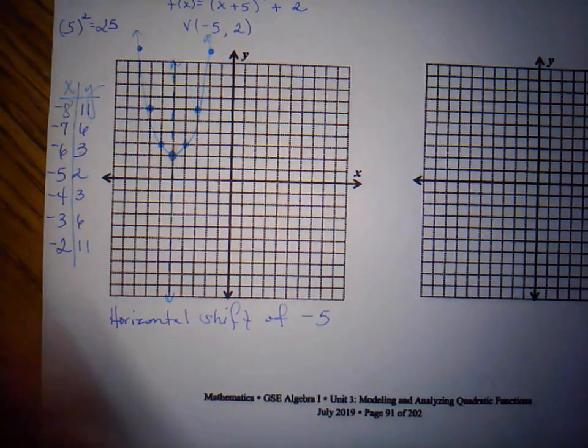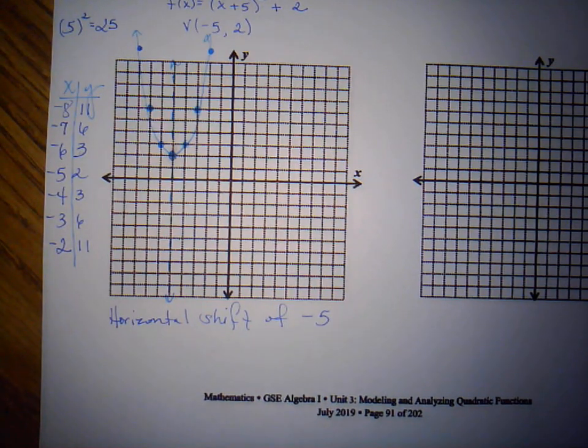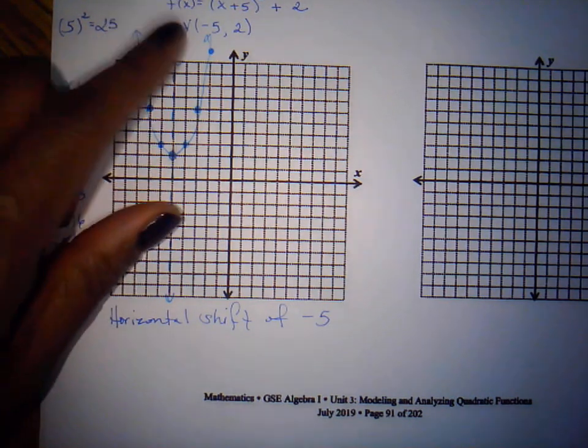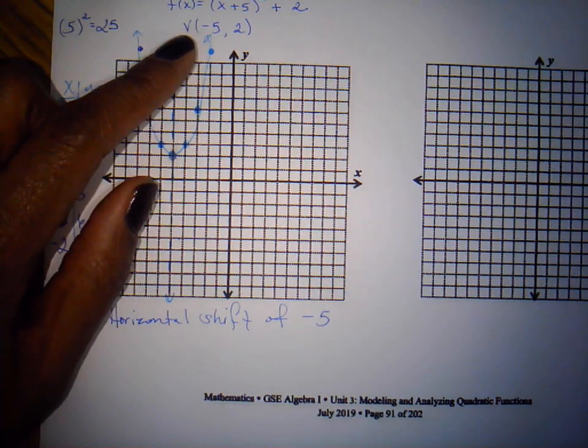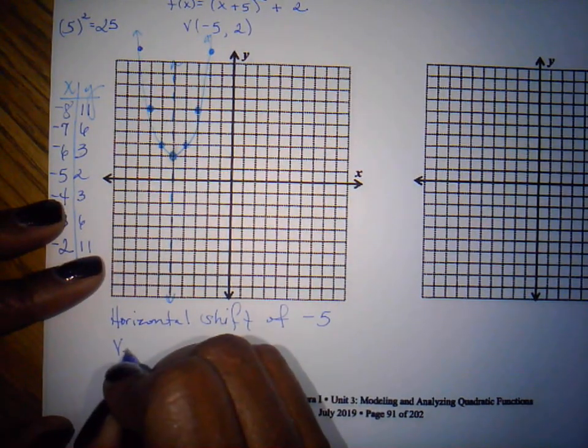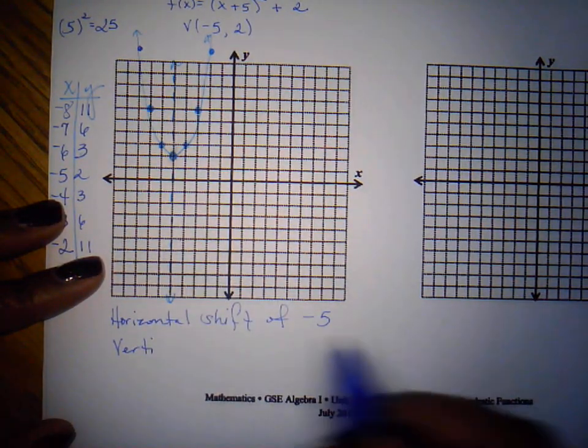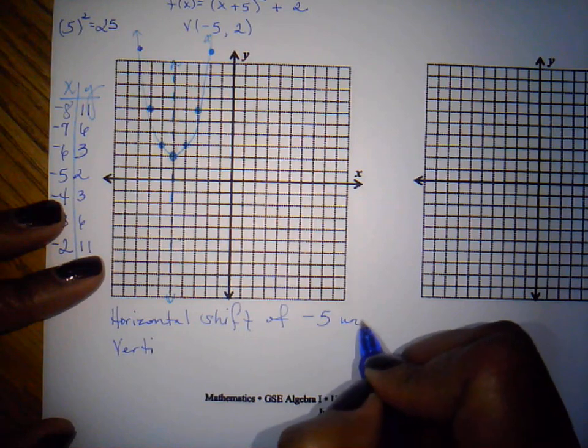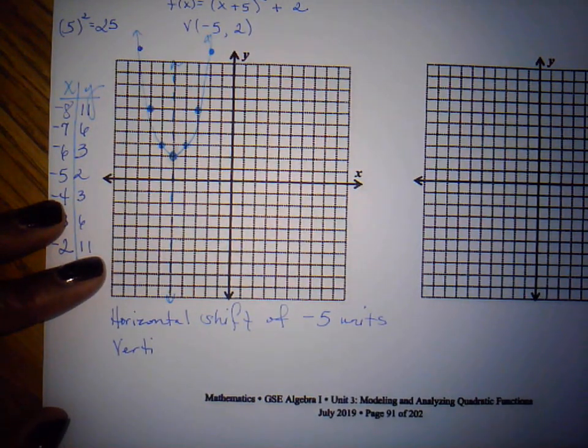Now, if you want to say to the left, you could say a horizontal shift of 5 units to the left. You could say that too, okay? But in my humble opinion, I think it's easier to just use the numbers that are in the vertex. Does that make sense? And then we have a vertical shift.